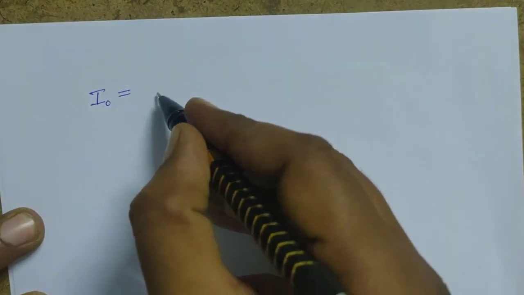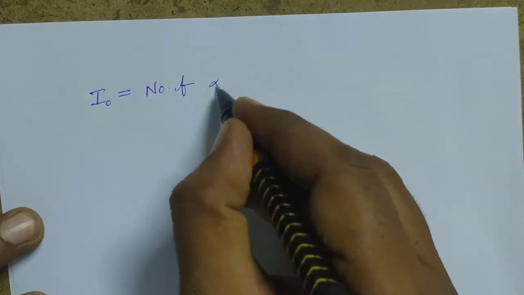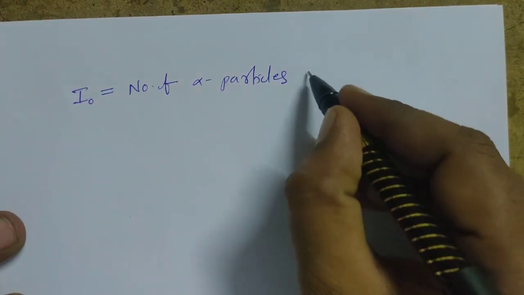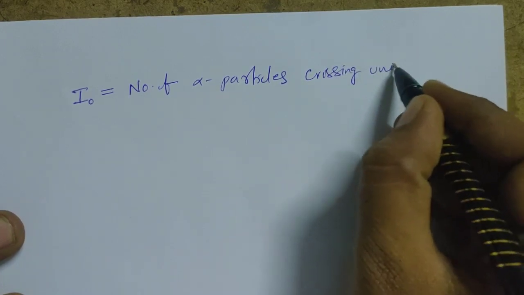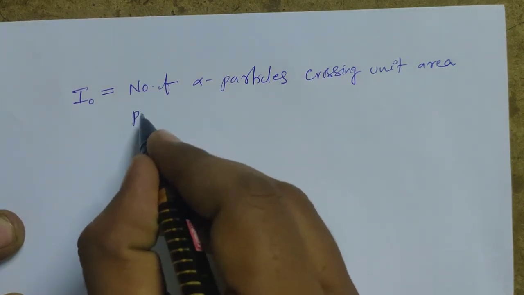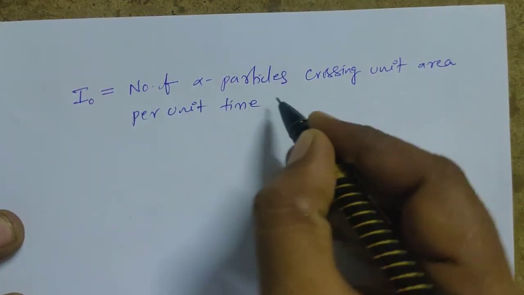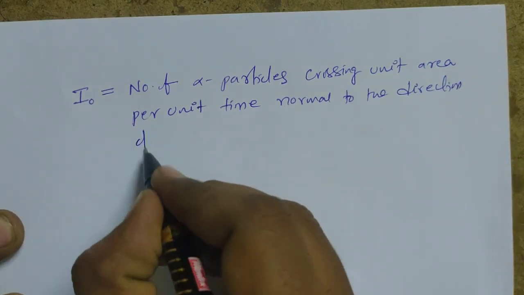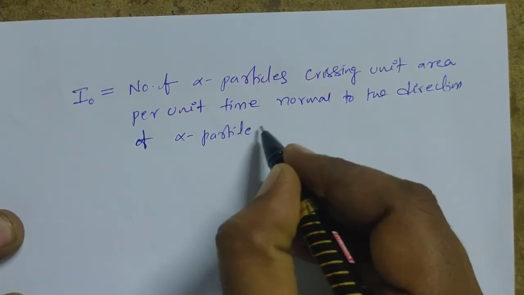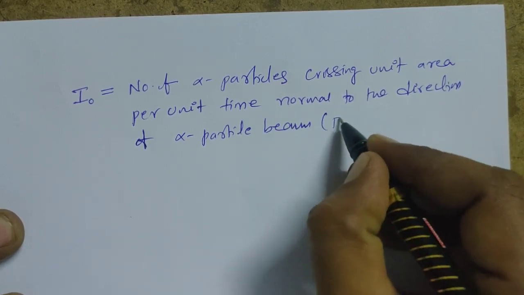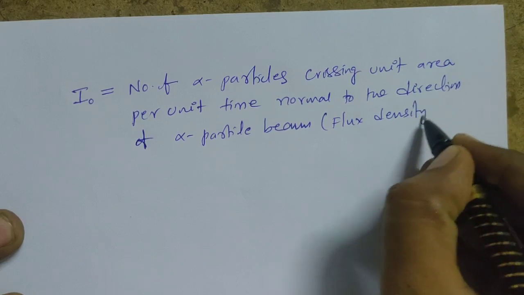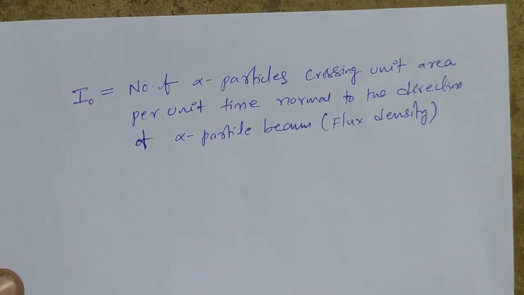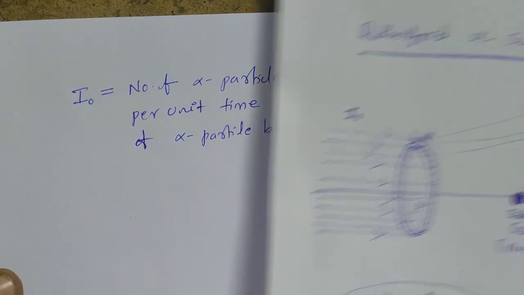So I naught is the number of alpha particles crossing unit area per unit time, normal to the direction of the alpha particle beam. This is also called flux density.